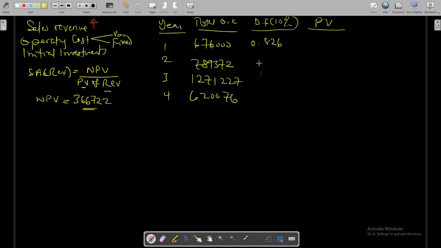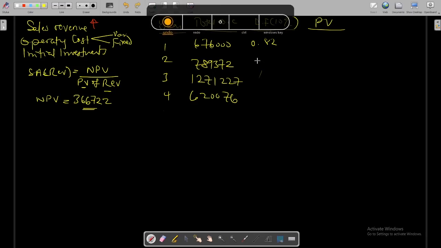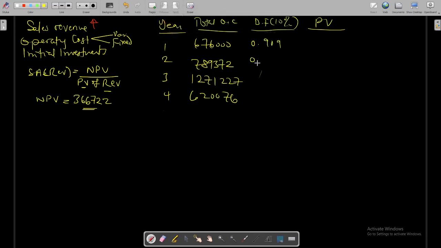Now at 10% we have 0.909, 0.826, 0.751, and 0.683. So now we are going to multiply the discount factors by the total operating cost.